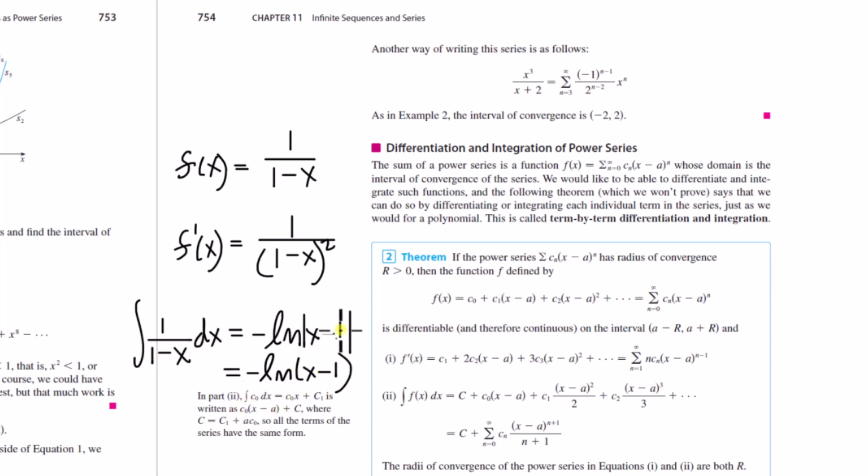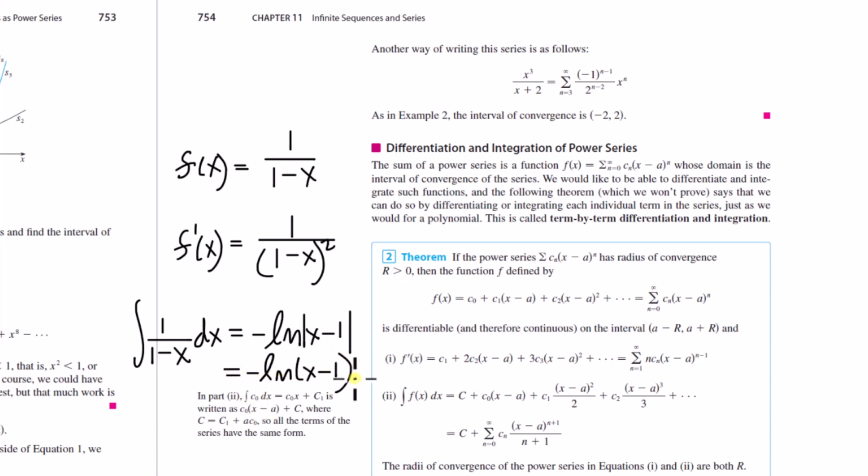Okay, so if we wanted to find the power series representation of this function, natural log of x minus 1, if we could integrate the terms of this power series, then we could do that. Now, if you're still confused about how we could take off the absolute value, once we get the power series representation, the domain is just going to be limited.